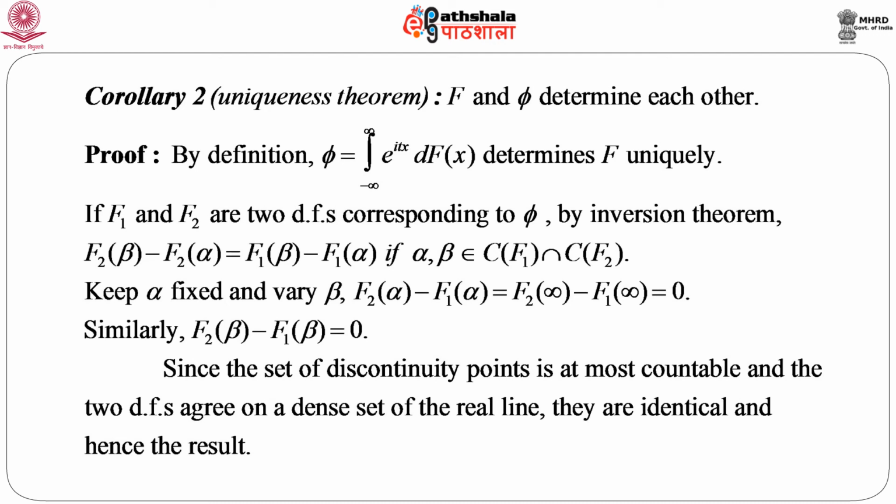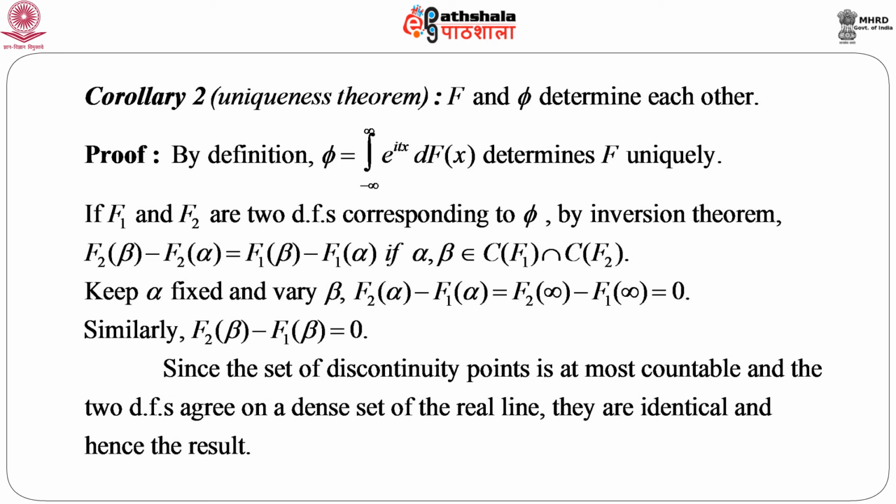Now, suppose F1 and F2 are two distribution functions corresponding to phi, then by the inversion theorem we can always write F2(beta) minus F2(alpha) equals F1(beta) minus F1(alpha), if alpha and beta belong to the intersection of the sets of continuity points of F1 and F2.